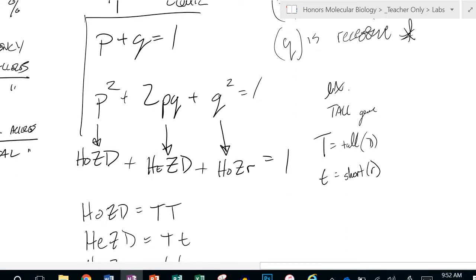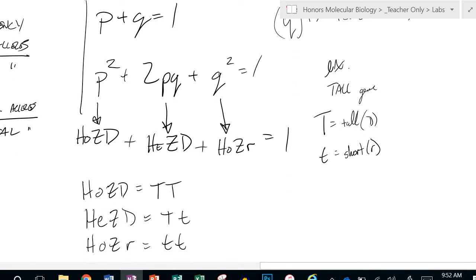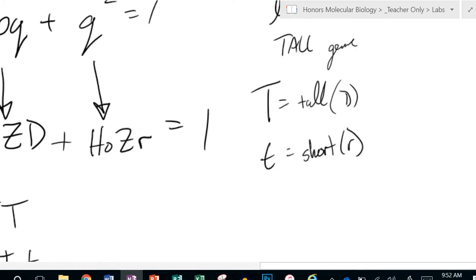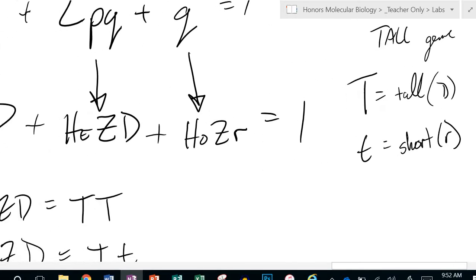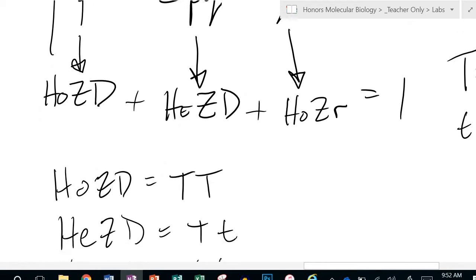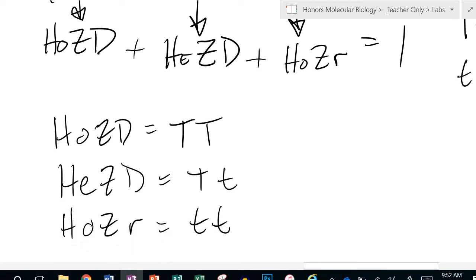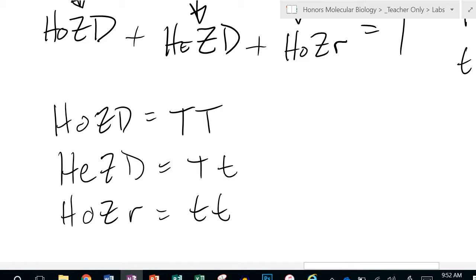Let's take an example. Let's say we have tall genes and short genes. Capital T is dominant for tall, small t is recessive for short. The 3 different combinations we can have are homozygous dominant, capital T capital T; heterozygous, capital T small t; and homozygous recessive, 2 small t's.